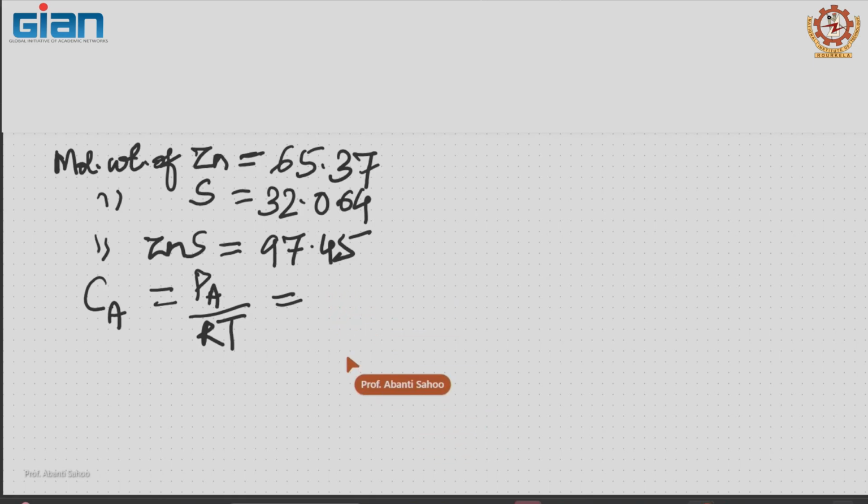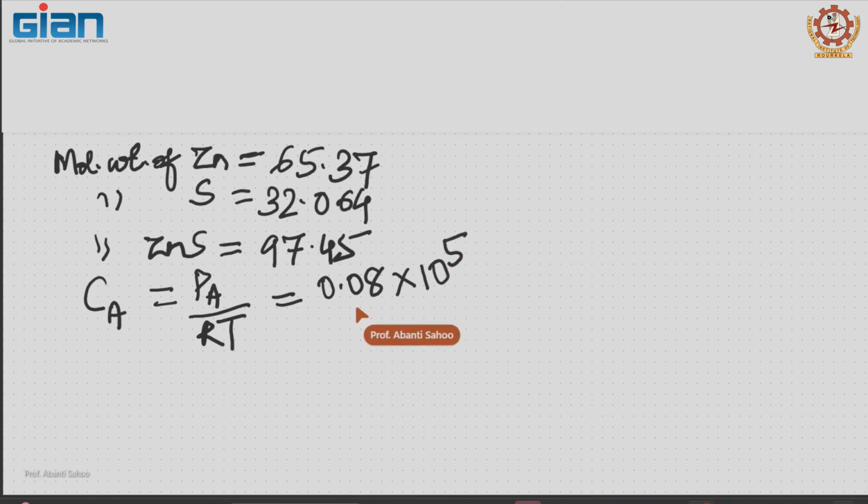So, it is 0.08, 8%. So, 0.08 into the total pressure, atmospheric pressure, that is 10 to the power 5 Pascal, as given. So, 8% of that is the oxygen pressure.